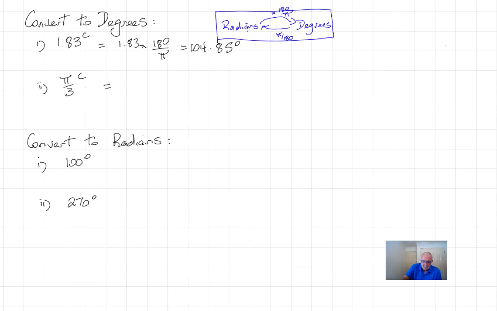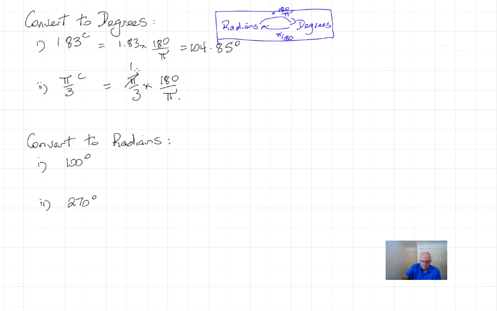Once again, here we go. So we're going from radians to degrees, so we've got pi on 3 times 180 on pi. You can use your calculator, but probably it's just as easy to do it without here.